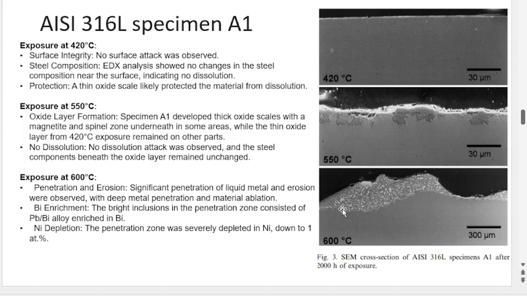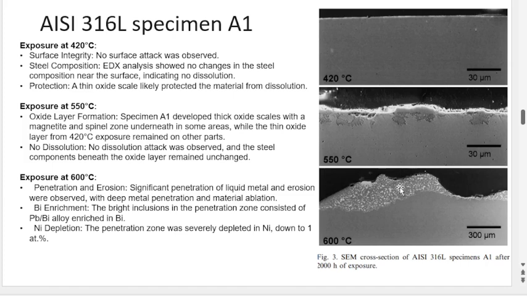At 600 degrees C, as you can see here, penetration and erosion occurs. Significant penetration of the PBBI, as we can see as a white color here. And also we can see erosion, ablation, as we can see that the surface is not smooth or even.